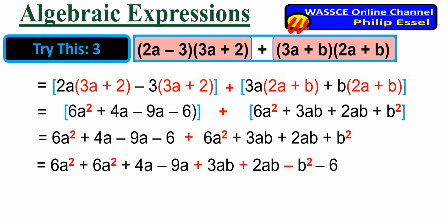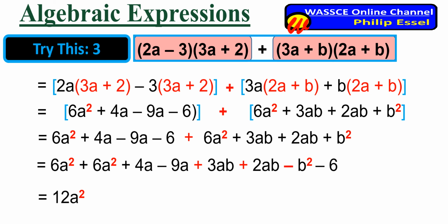The first group of like terms are 6a squared plus another 6a squared. The two joined together would give 12a squared.